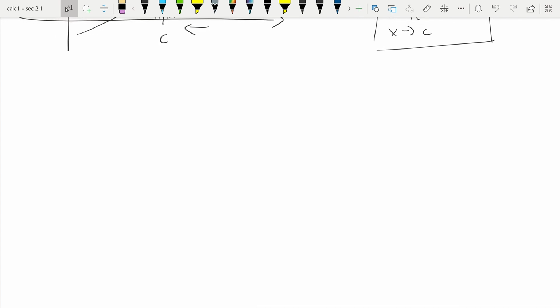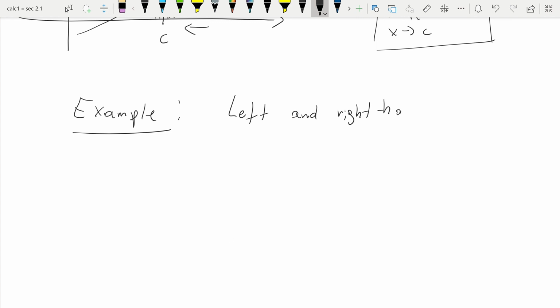An example of a function that has left and right limits that are not equal is the function.